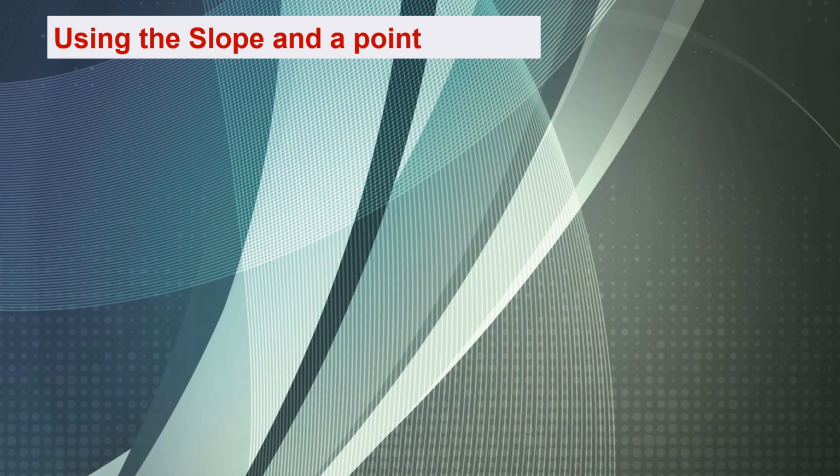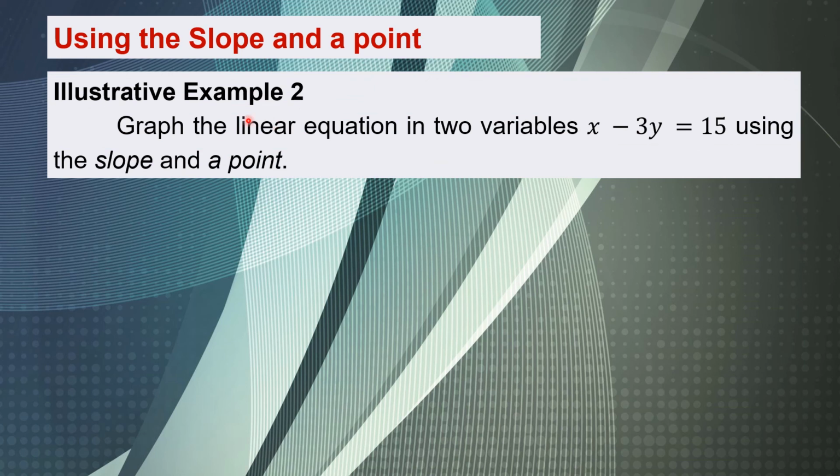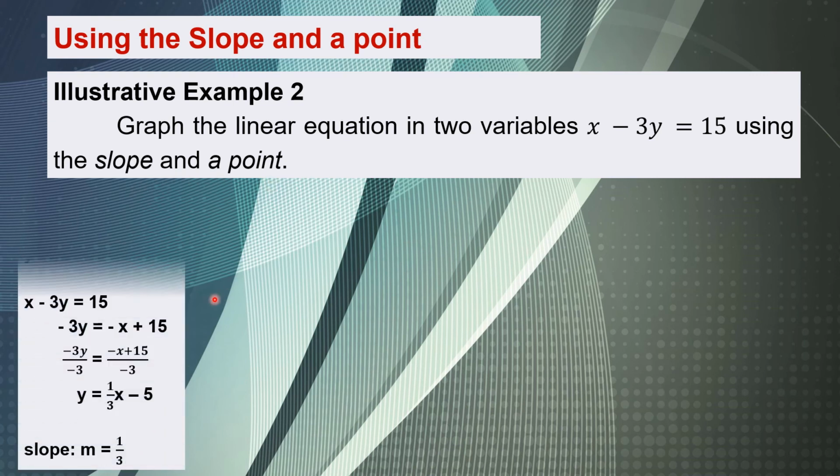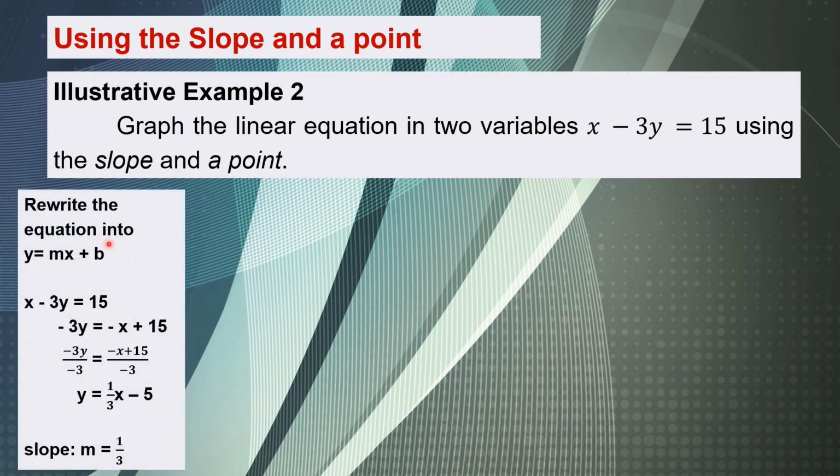So, let's have another example using the slope and a point in graphing linear equation in two variables. So, example number 2. Graph the linear equation in two variables x minus 3y equals 15 using the slope and a point. So, our first step is to rewrite the equation into y equals mx plus b.